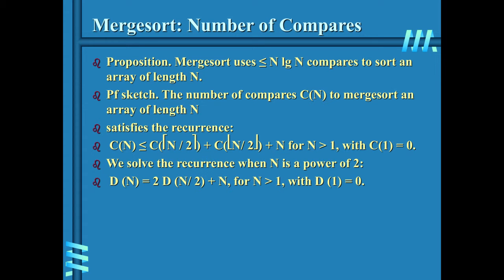The recurrence is C(n) is less than or equal to C(n/2) plus C(n/2) plus n. You can use a different symbol, right? D(n) equal to 2 D(n/2) plus n.